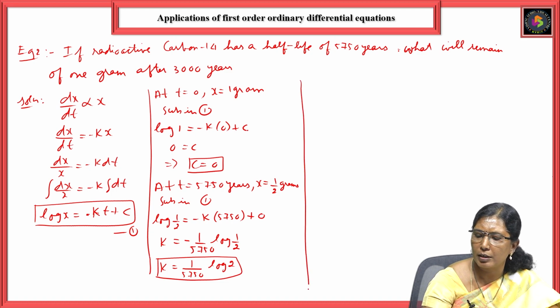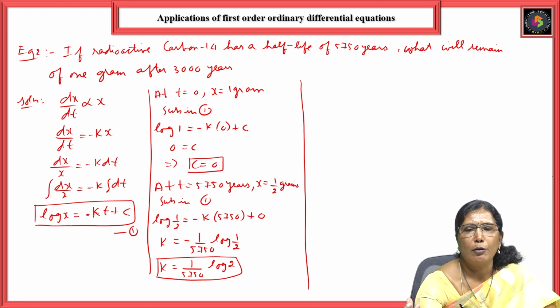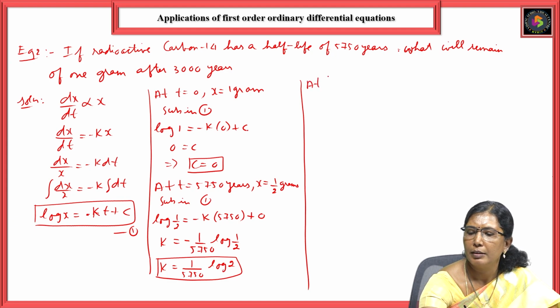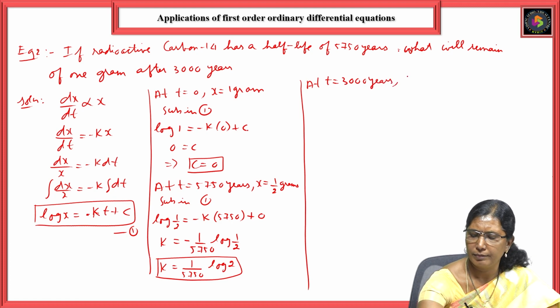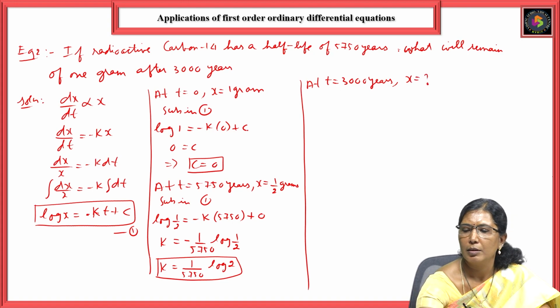Now what they have asked is the condition: we have to find what amount of the radioactive carbon remains from 1 gram after the time of 3000 years. At t is equal to 3000 years, what is the amount of carbon that remains?